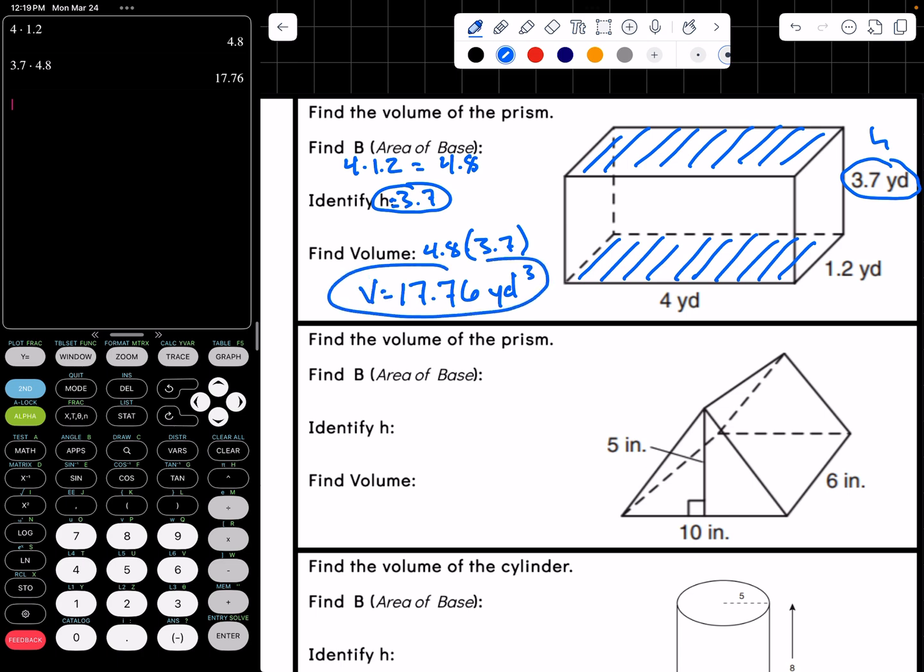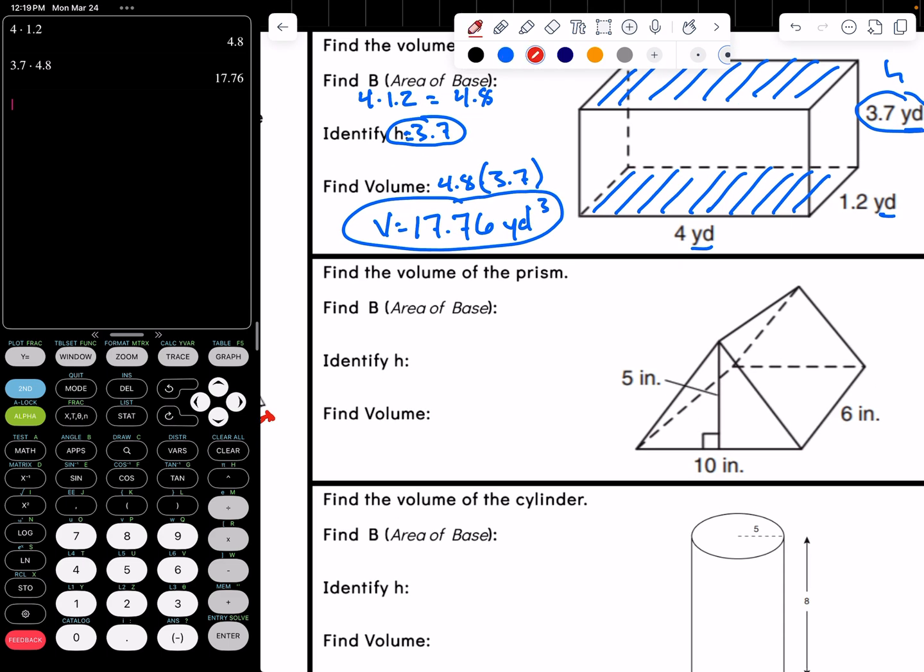When we are doing volume, we're dealing with three dimensions, so we're multiplying yards 3 times. We've got yards for our length, yards for our width, and yards for our height. And so when we multiply those three together, we end up with yards cubed.